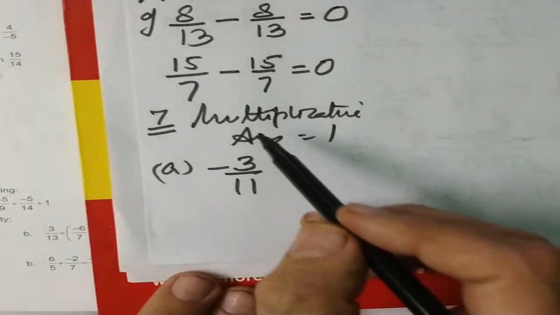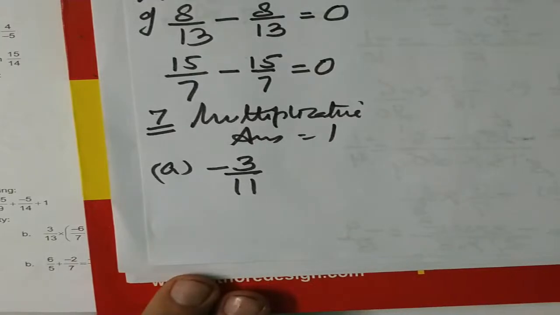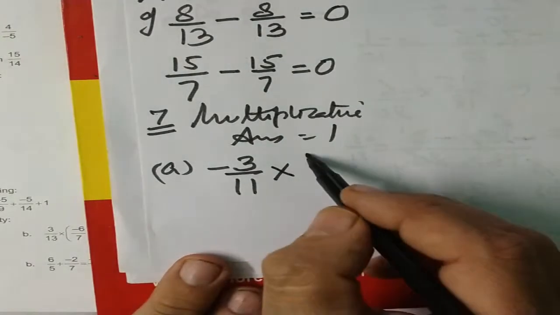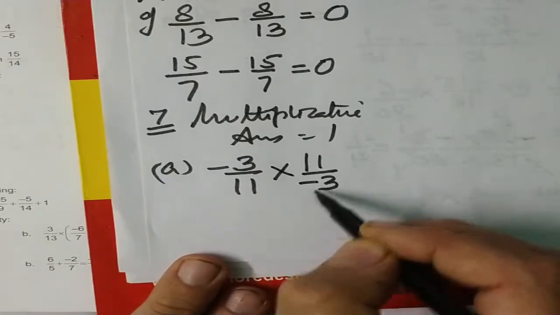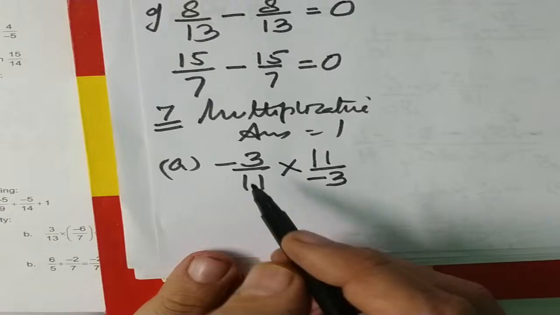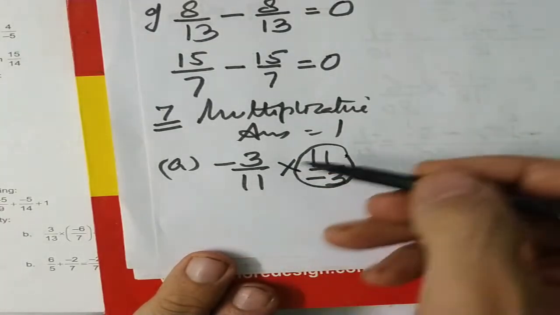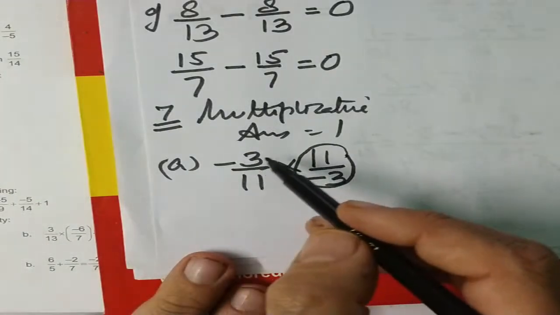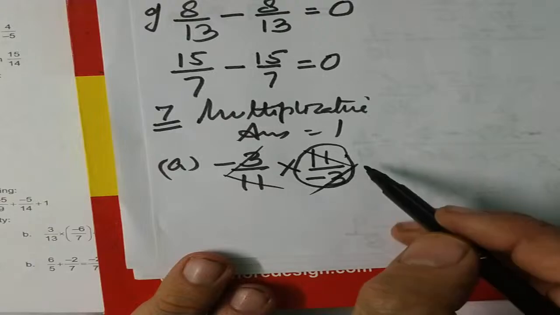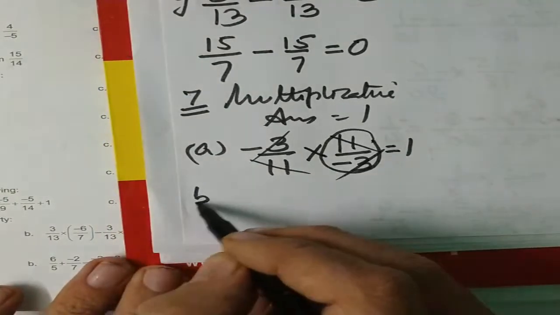So what should you multiply with this number so that the answer is 1? Simple. Minus 3 upon 11 multiplicative inverse is this. From where did this come? Same number, reciprocal. Because now when you will simplify, 3 and 3 will cut, 11 and 11 will cut, answer will be 1.